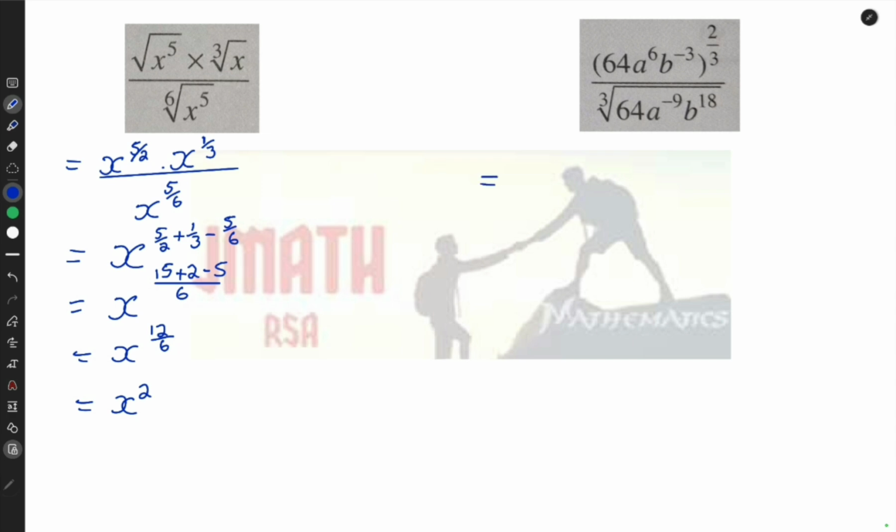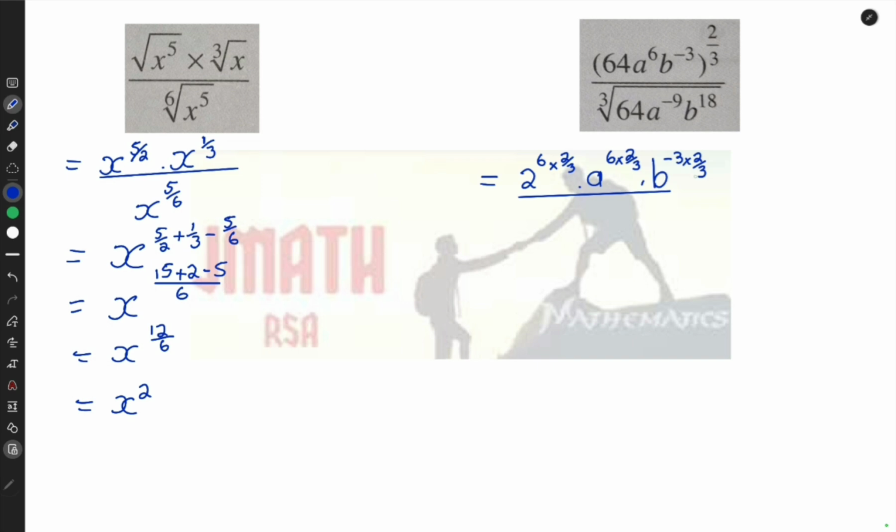Let's look at the last sum. At the top, I'm going to multiply into the bracket. At the bottom, I'm going to split and give each base a cube root. In this case, this would be 64, but I'm going to rewrite in exponent form. So 64 is 2 to the power 6. Use your shift fact button if you are unsure. Okay, I'm going to multiply that by 2 over 3. Then a to the power 6 times 2 over 3, and then b times 2 over 3.